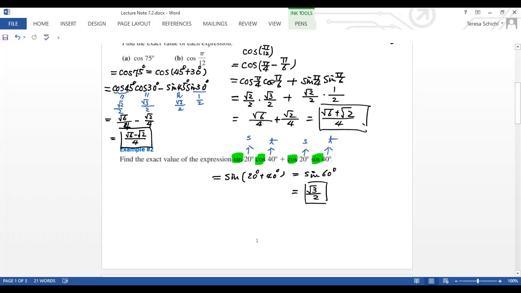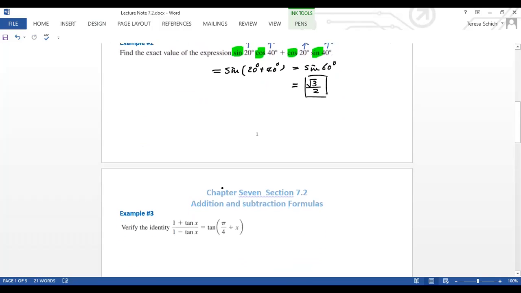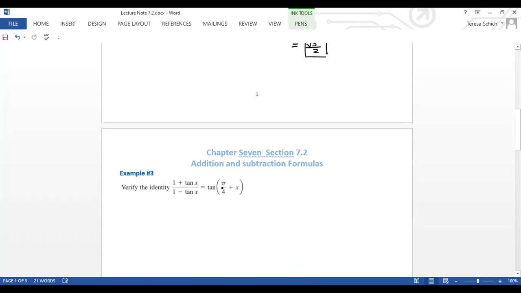That's why you can use the sum and subtraction formulas to find these angles even when they are not special angles on the unit circle. Okay, let's take a look at number 3.